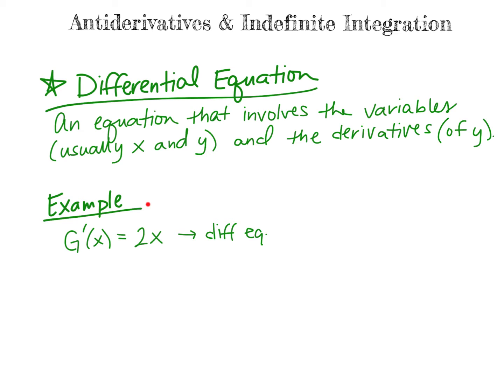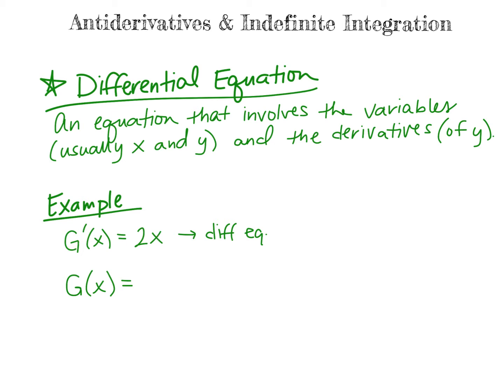Let's take a look at an example of a differential equation. G prime of x equals 2x. This is a differential equation, diff-EQ, because it is the equation of a derivative. Let's think about what the general solution to this differential equation is, meaning find the original function, g of x, such that its first derivative, g prime, was 2x.